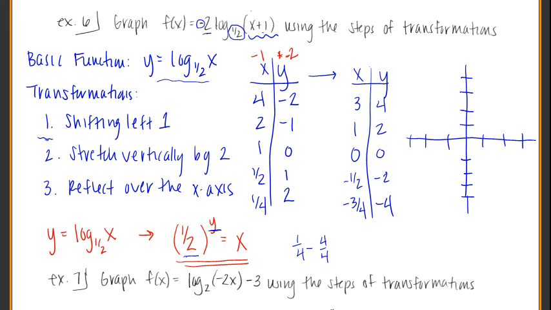Okay, so we have the point 3, -4. We have the point 1, -2. We have the point 0, 0, -1/2, 2, -3/4, 4. Okay, so it looks like this graph is kind of coming up through here like this.